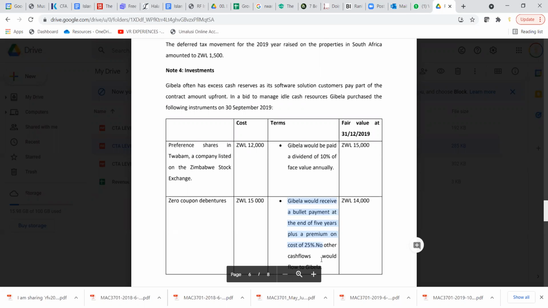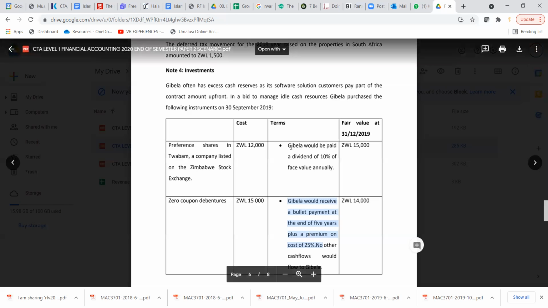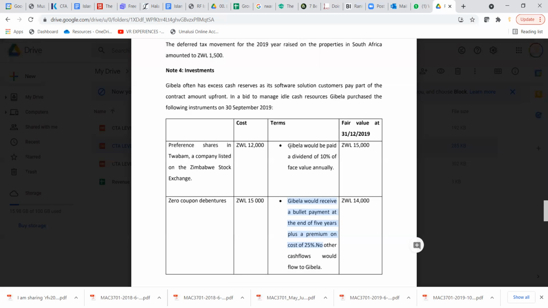We're holding it to collect contractual cash flows. The contractual cash flows are purely payments of interest and principal. If you have a premium or discount, that's fine, so it includes premiums and discounts as well. The payment over here is a dividend.